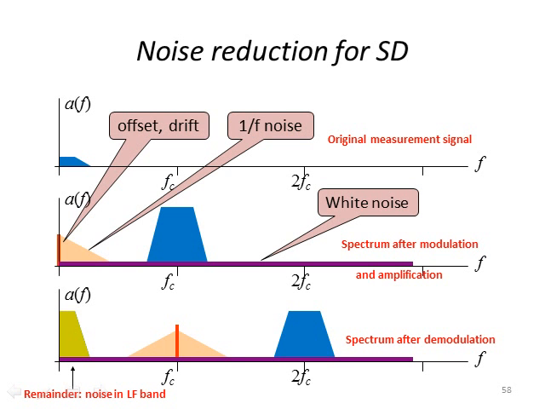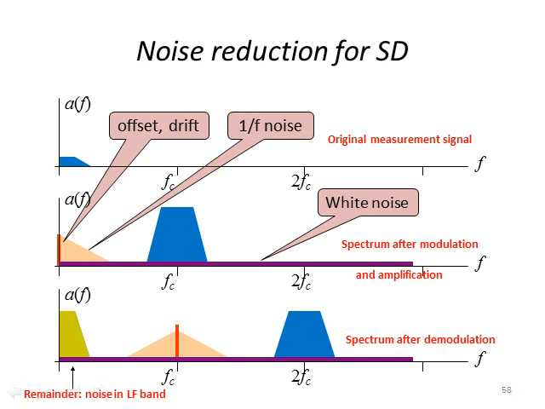It could be DC frequency or a low frequency. And then the middle plot shows the spectrum after modulation and amplification. So our original measurement signal now is amplified, and it's pushed to the higher frequency FC, which is our carrier frequency from the modulation.